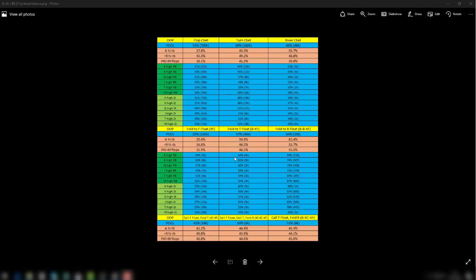So let's look at what the pool does. This is the check fold after betting the flop, check fold on the turn. The pool check folds the turn 64% after an ace-high rainbow flop, and 54% on the 9-high and less rainbow boards.